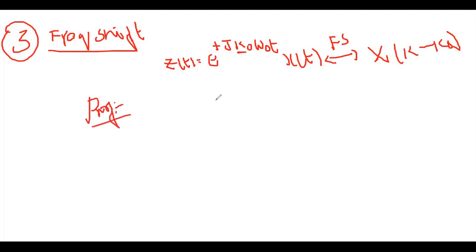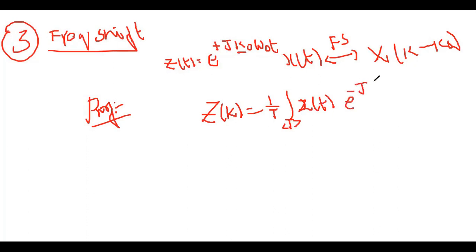Second, the exponential Fourier series, z of k is equal to 1 by T the integral of z of t into e power minus, see here the k is k, here also the k, k omega naught t dt. This is the formula for the exponential Fourier series, the analysis equation.